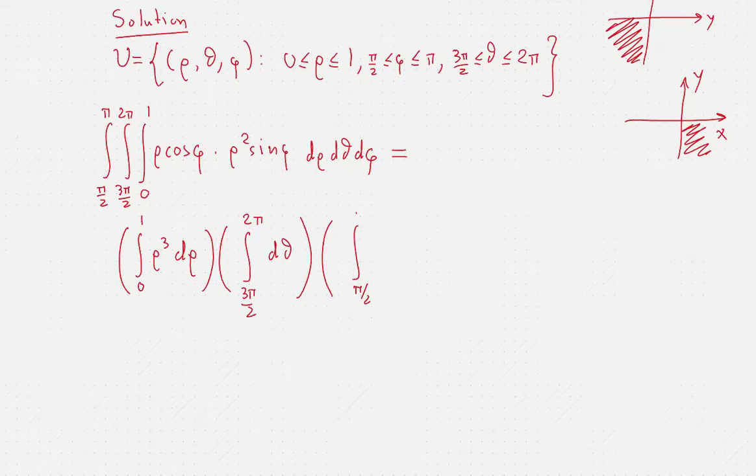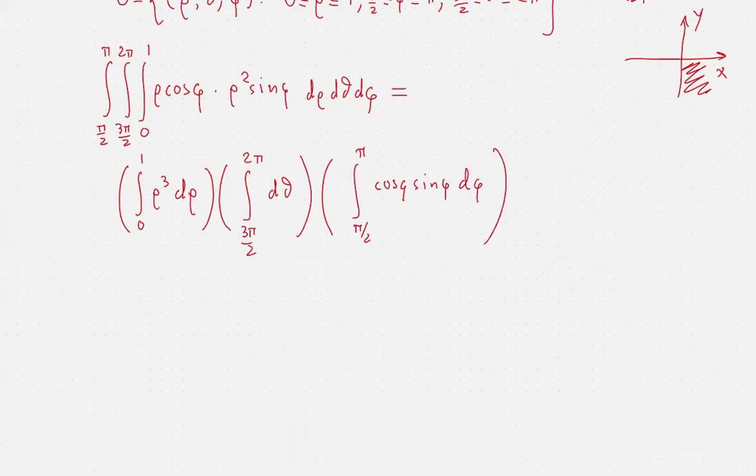Okay, now it should be pretty straightforward to work these integrals out. So this one, for example, the antiderivative is rho to the fourth over 4, so it's very easy to see that it's 1/4. The middle one is pi over 2. It's simply the length of the interval over which we integrate. And finally, for the last one, we would have to do a substitution. u is equal to sine phi, du is equal to cosine phi d phi, which means that this integral is going to be u du, but we have to be careful from what to what.